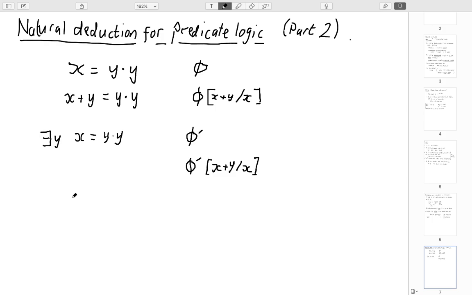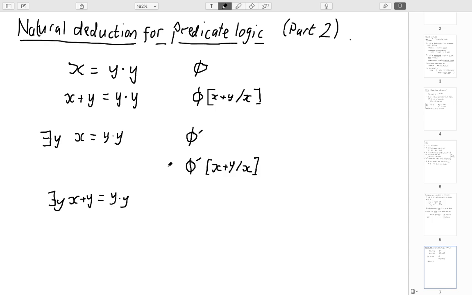Then we want to have the formula saying that x plus y is a square number. But notice we can't simply now replace x here with x plus y, because if we do that, we'll get the formula that there exists a y such that x plus y equals y times y, which is not true for all square numbers.